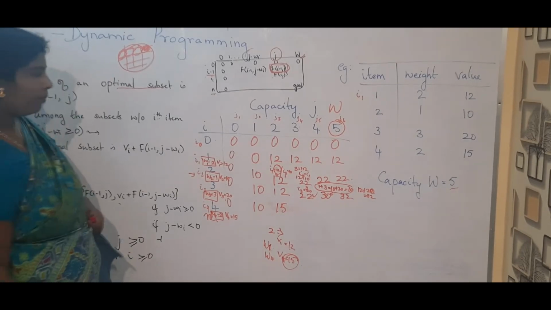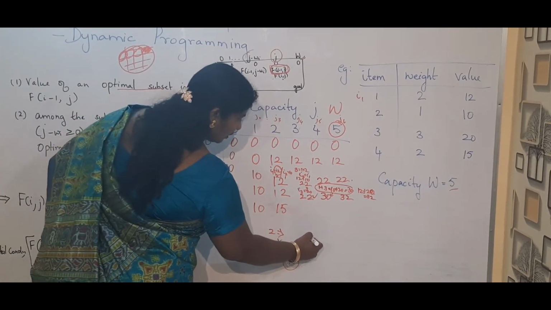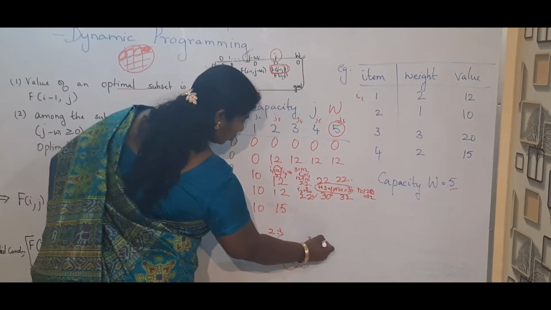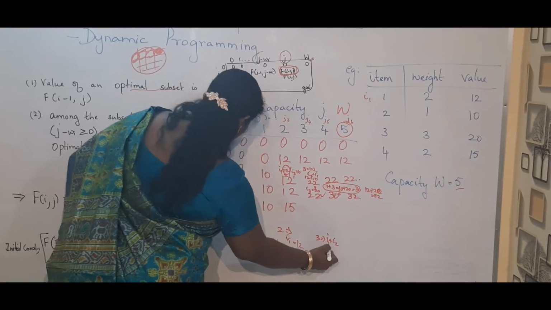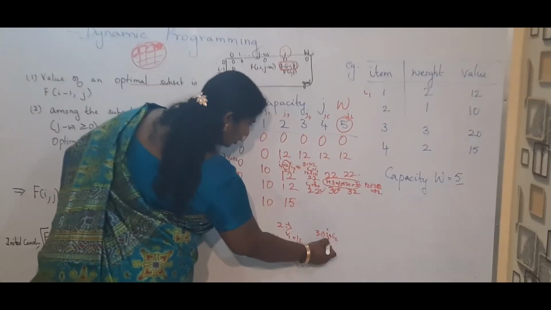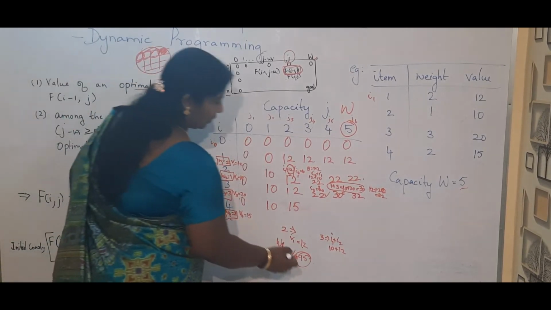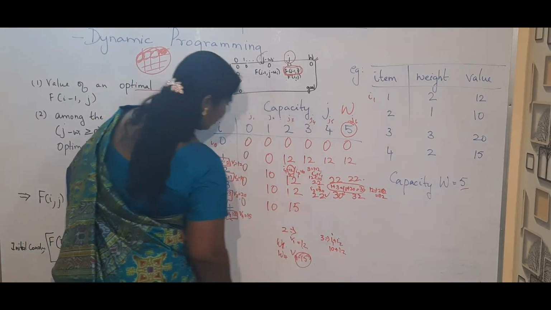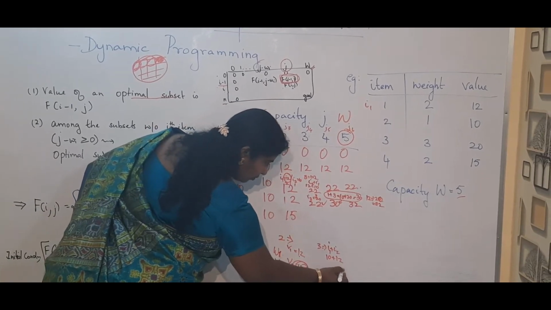So far, for this 3 as the capacity, it was item number 1 plus item number 2, with values 10 and 12, and we went with that. Now we have found out that this 12 can be replaced by 15.